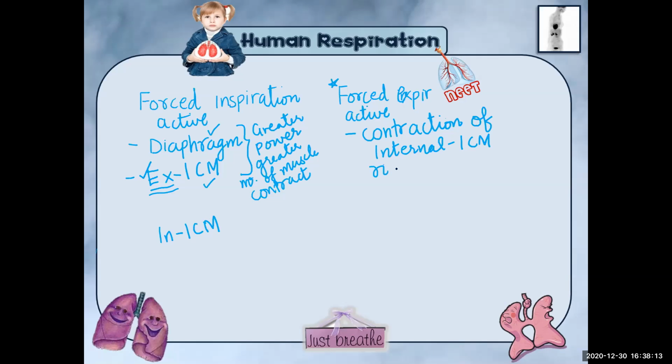So because of contraction of internal intercostal muscles, ribs will be pushed downwards and inwards.